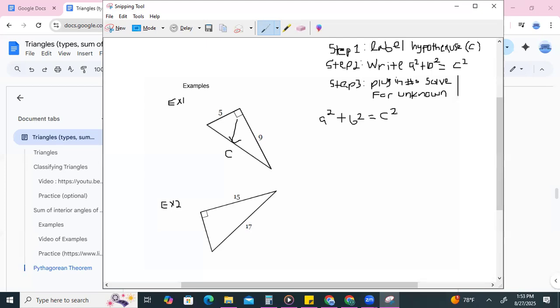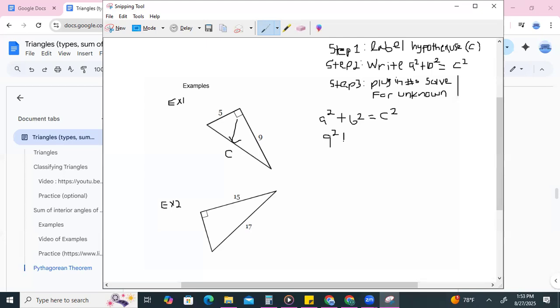We know our two legs, so you can make either one A or B. You can either make 5 A or 9 B. I'm just going to put in 9 for A, so 9 squared.